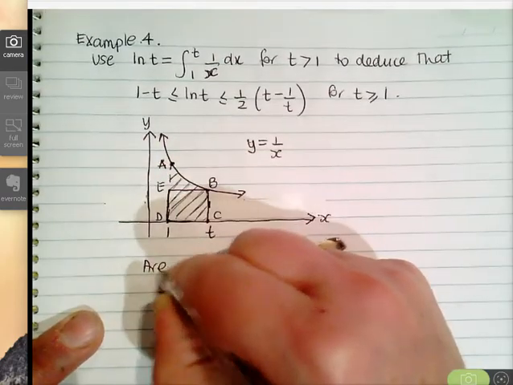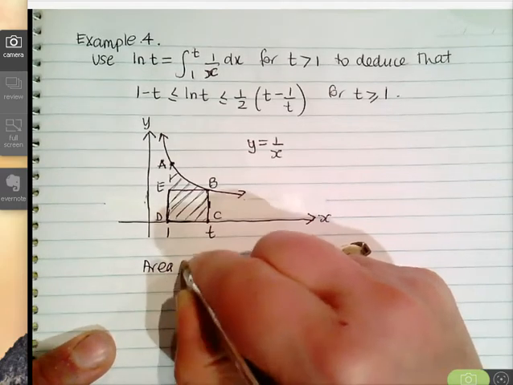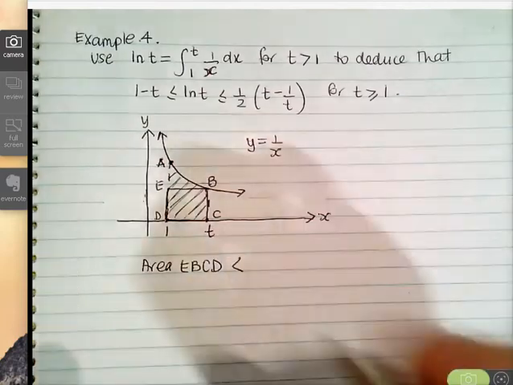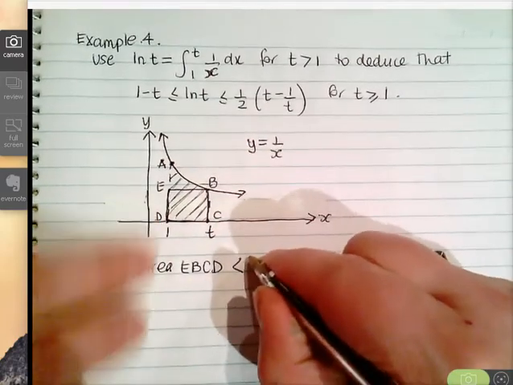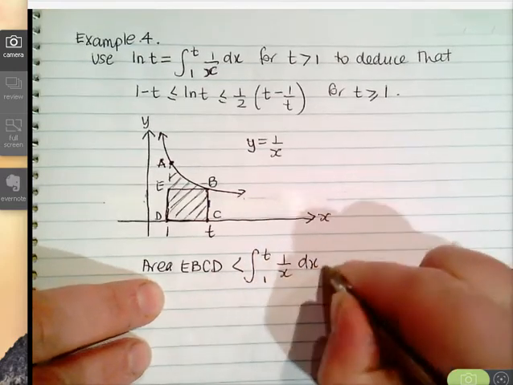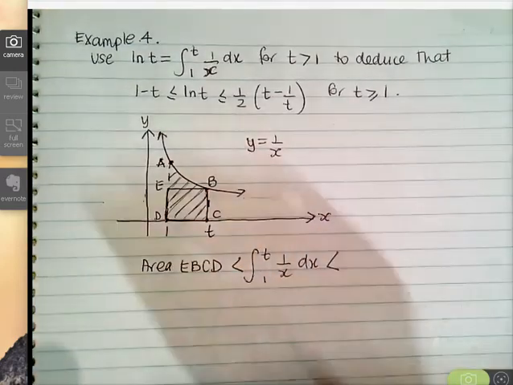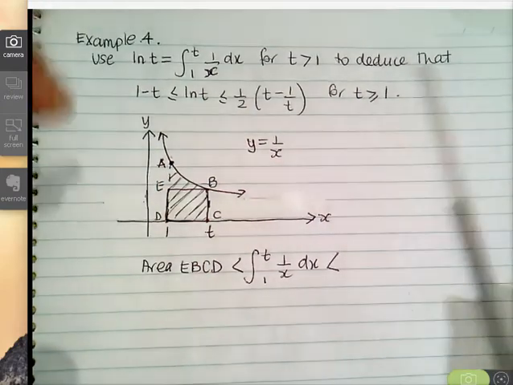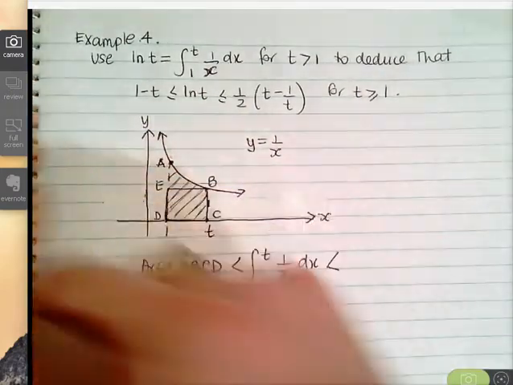So I'm going to say the area of EBCD, that's that black rectangle, is less than the integral from t to 1 of 1 on x dx, which is less than, now I can do an upper rectangle or I can do a trapezium if I want.